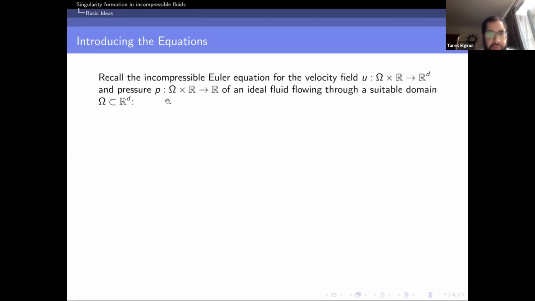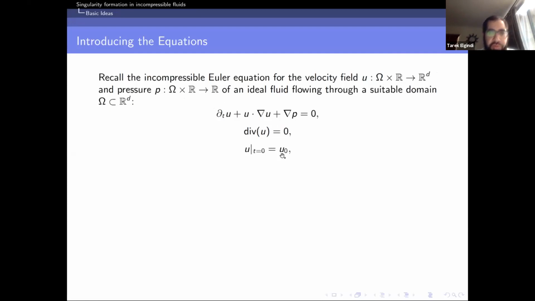We assume that the velocity is incompressible, which means that the divergence of the velocity is zero. So it's not possible for many particles to be squeezed in a small area.